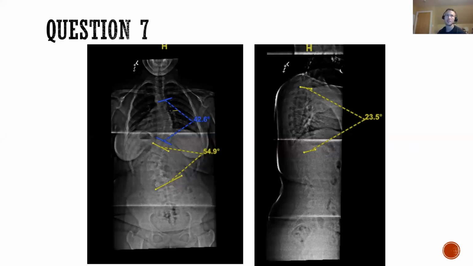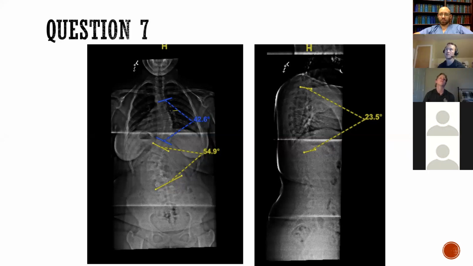You look at the magnitude of these curves in this patient, especially that 55-degree curve in the thoracolumbar region, and realize it's not going to be amenable to bracing. So you've already made up your mind that this patient needs surgery. The next step is to get the benders, and then once you have the benders, you can determine what kind of surgery it's going to be.